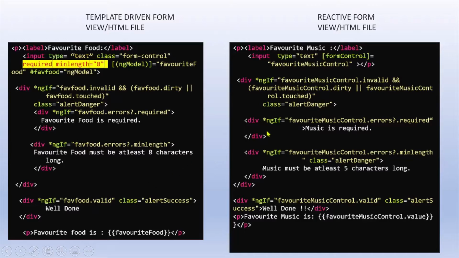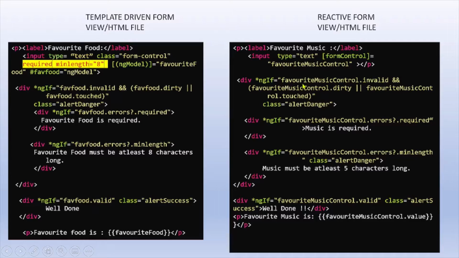In terms of the reactive form view file, as you can see here, we use the form control directive. Right? Once we use this form control directive, the form control we define as part of the form model is now linked to this element, right?